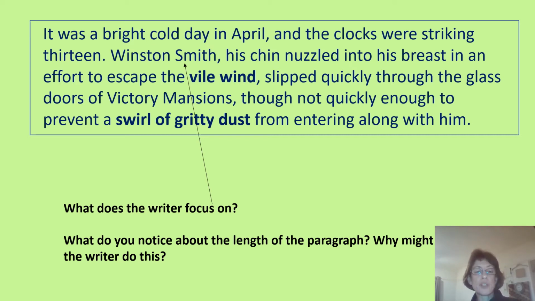So the writer is focused on Winston Smith, who is the protagonist of the story. And the paragraph is quite short, but it does include references to vile wind and gritty dust. So in addition to this clock striking 13, we have adjectives like vile and gritty, which means that there's something unpleasant in this place. Something's not right.